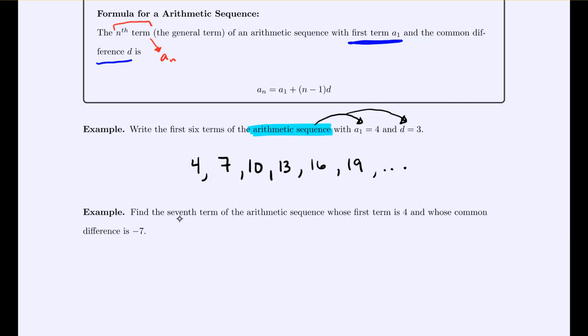Now in our next example, we're asked to find the 7th term of the arithmetic sequence, whose first term is 4. We could translate this into the symbols of these problems to write a subscript 1 is 4. Common difference is -7. That means our value of d is -7. And in this case, we have a few options.